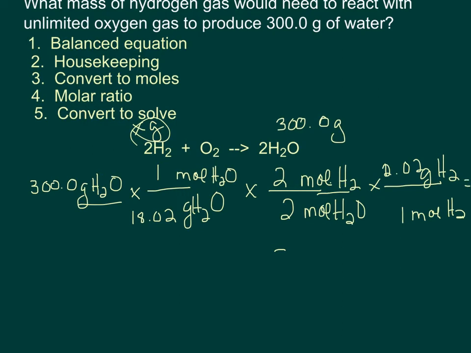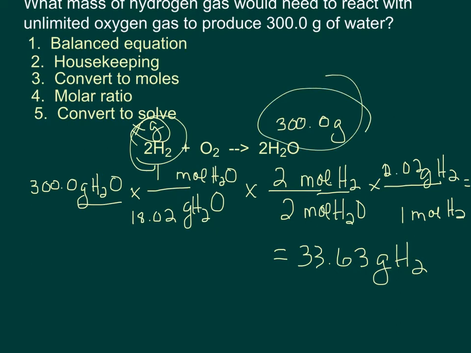And then the last thing that we need to do would be to multiply everything that is in the numerator and divide by everything that is in the denominator. And we see that we would need 33.63 grams of hydrogen in order to produce 300 grams of water.